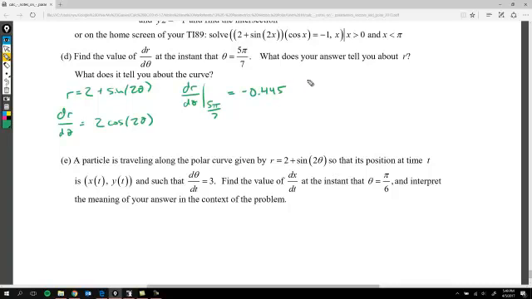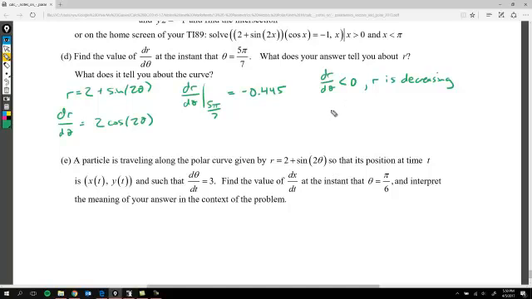All right, so they're asking us, what does this tell us about r? Keep in mind that this is our derivative and it came out negative. So because dr d theta was negative, that means r is decreasing. Similarly to regular rectangular coordinates, if your first derivative is negative, that means your original function is decreasing, meaning my radius is decreasing, so the curve is getting closer to the pole.